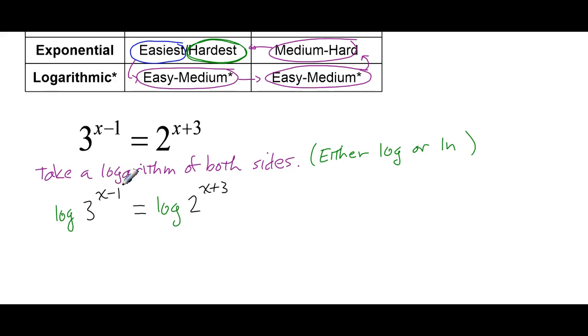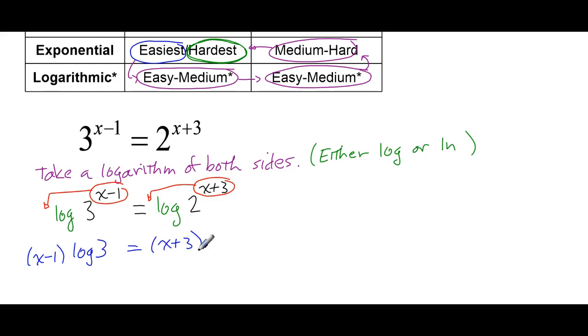So that's what we do now. We take the exponent, we put it in front of the logarithm. Do the same thing with this exponent. So what you should have would be x minus 1 times the logarithm of 3, and on this side you'd have x plus 3 times the logarithm of 2.